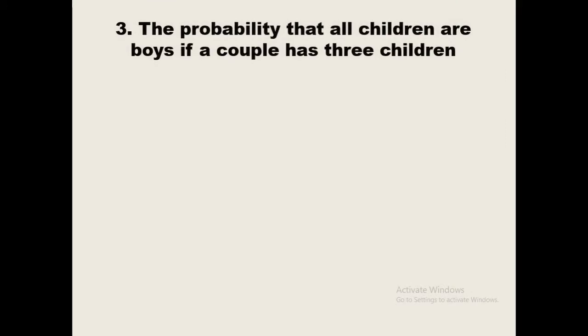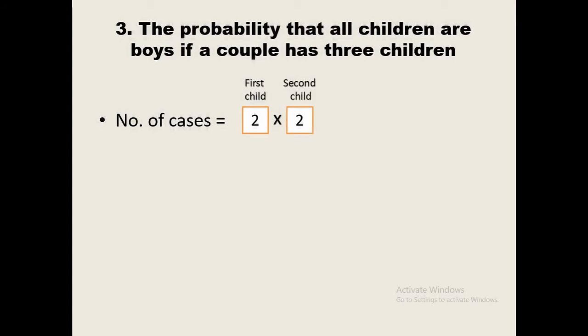Number 3. The probability that all children are boys if a couple has 3 children. For the number of cases, the first child may be a girl or a boy, so that is 2, multiplied by the second child, who may be a girl or boy, another 2, times the third child, either girl or boy, 2.